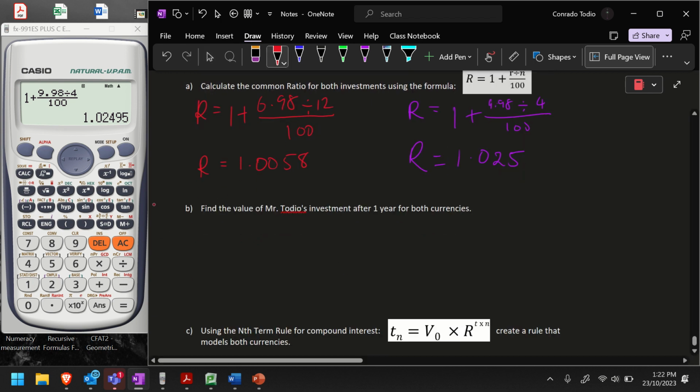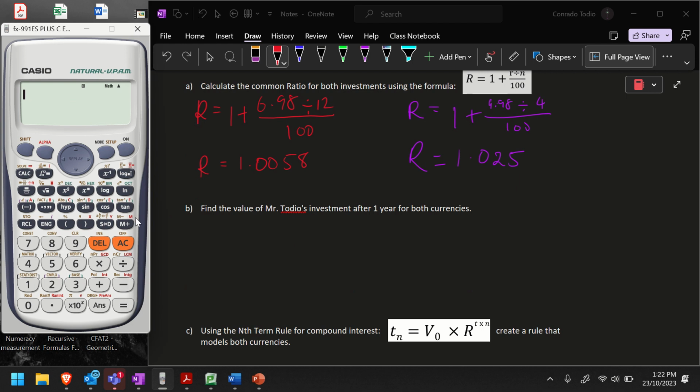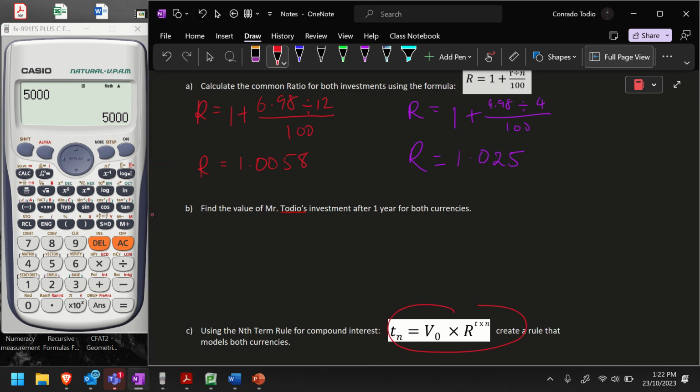So if you go 5,000, I would say there's a rule that you can use, which is this. I'm going to use the calculator here for now, because this rule tells you how to find high value terms like 365 days, which is annoying. Here it's 12, it's not too bad.